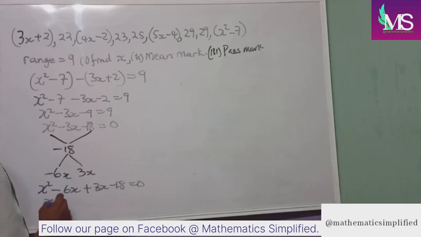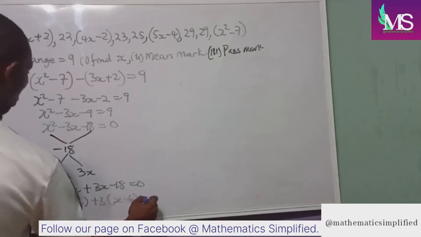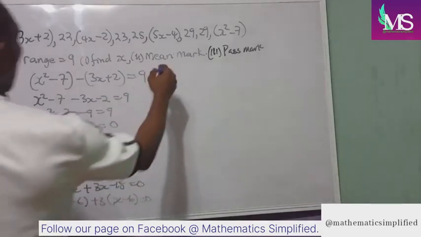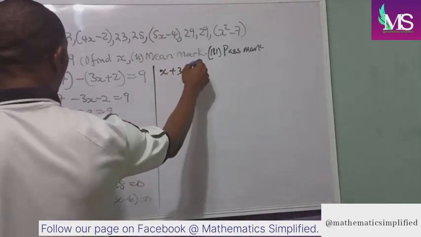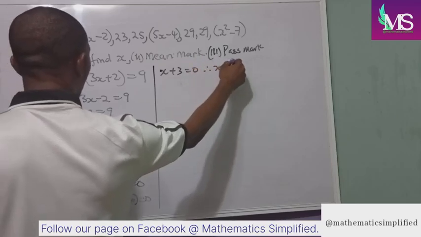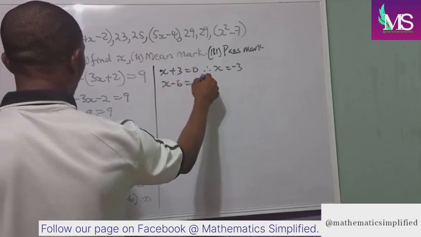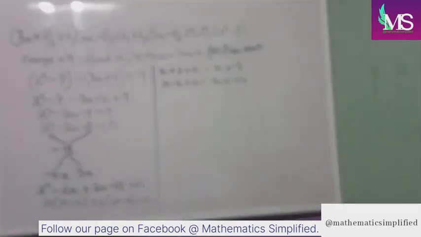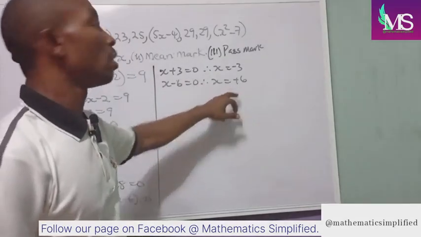So x times x minus 6 plus 3 times x minus 6 equals 0. So x plus 3 equals 0, therefore x equals minus 3, and x minus 6 equals 0, therefore x equals plus 6. Since our number can't be negative, our valid answer here will be 6.